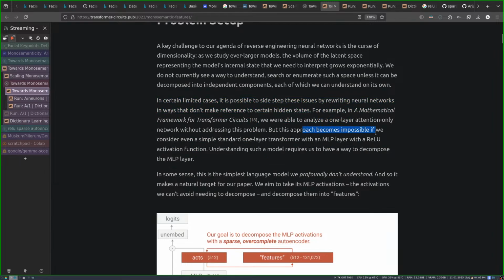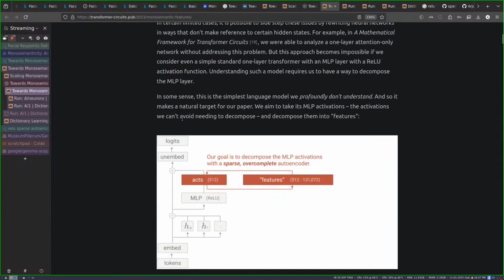But this approach becomes impossible if we consider even a simple standard one layer transformer with an MLP layer with a ReLU activation function. Understanding such a model requires us to have a way to decompose the MLP layer.